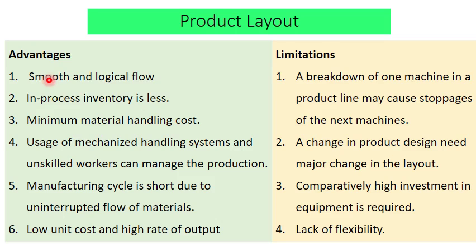The first advantage is a smooth and logical flow, because it starts from the beginning stations and ends in the last stations. In-process inventory is less because it is fully automated, or we use dedicated machines.